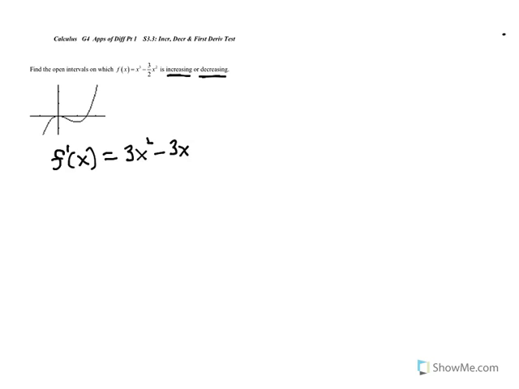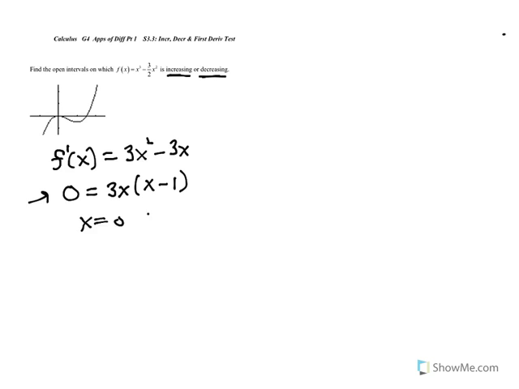And we need the critical values, so we're going to set our first derivative equal to 0. We'll factor out a 3x. And if you distribute 3x back in, you get 3x squared and 3x, so that looks okay. And then set those equal to 0, so if x is 0, your final output for your function is 0.